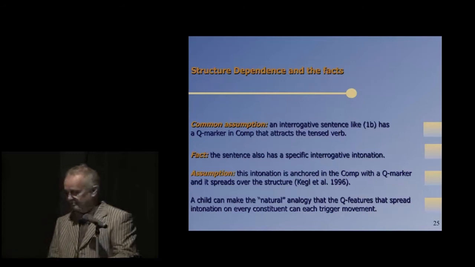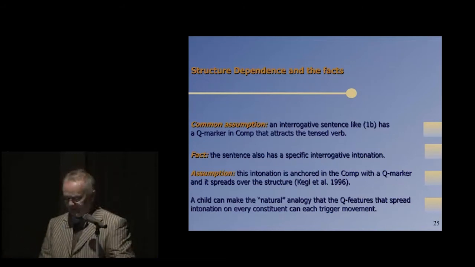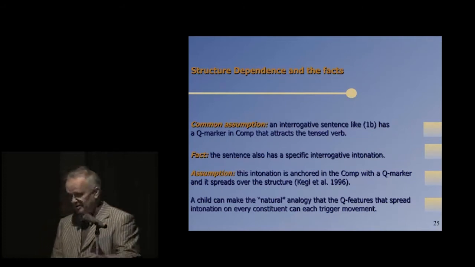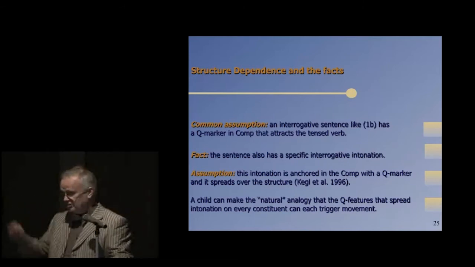Kegl et al. say that it even takes place in sign languages. And then what could happen? Well, a child could make the natural analogy that the Q features that spread intonation on every constituent can also trigger movement of those constituents. Dominique Sportiche in 1995, looking at strictly intonational questions in French, made exactly that proposal.